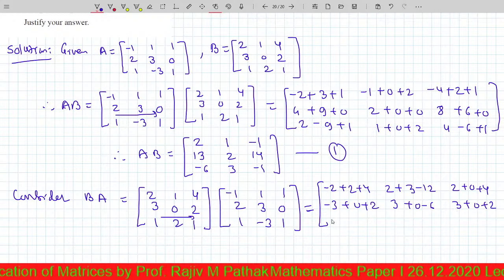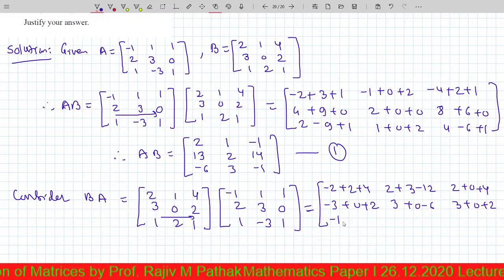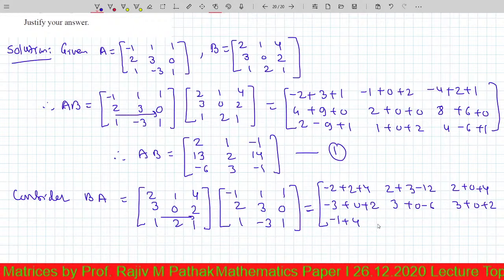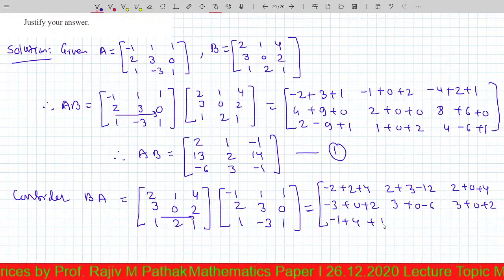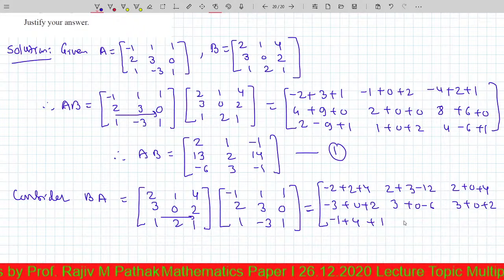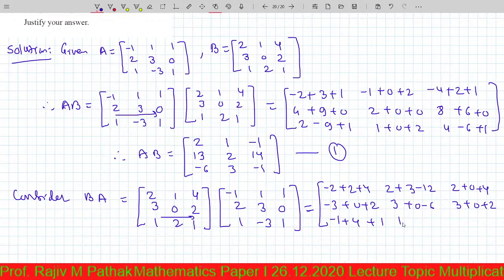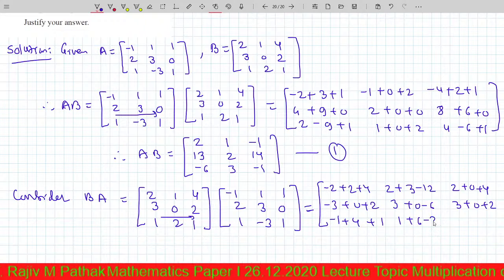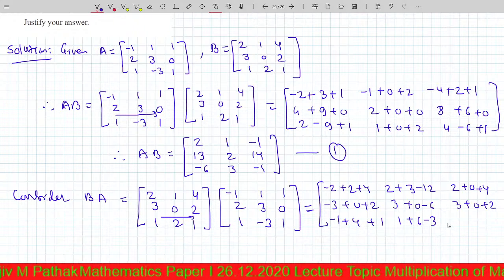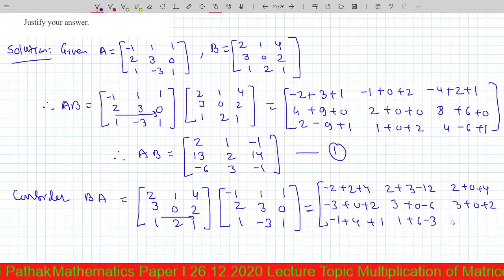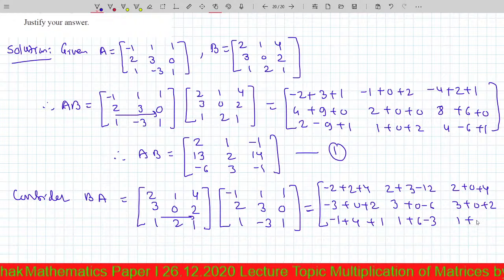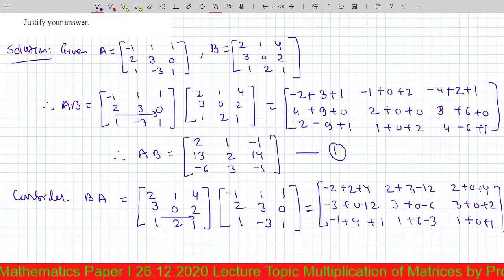Then third row with first column, 1 into -1 is -1, 2 into 2 is 4, 1 into 1 is 1. Then third row with second column, so 1 into 1 is 1, plus 6, minus 3. Okay, yes, 1 into 1 is 1, plus 0, plus 1. Now compute this.